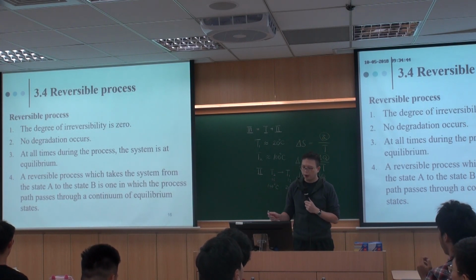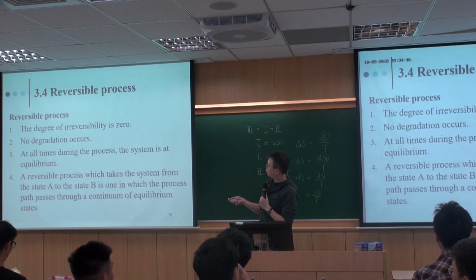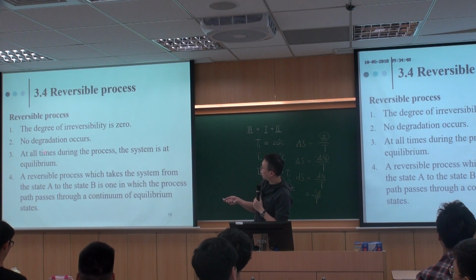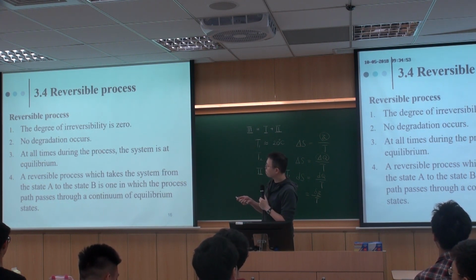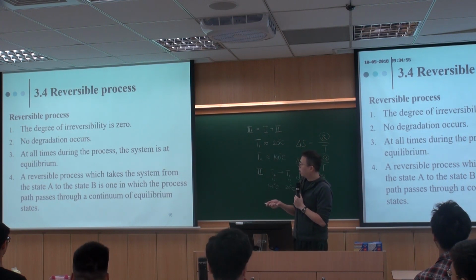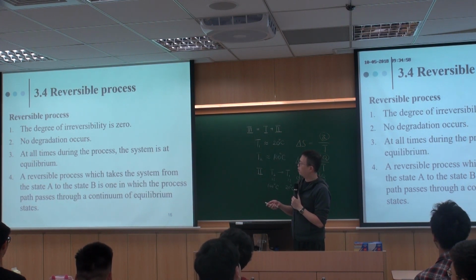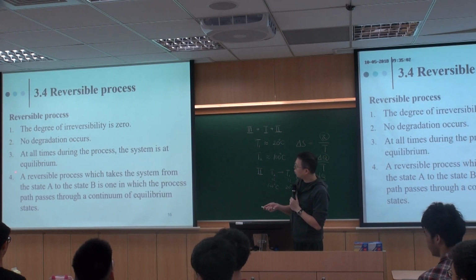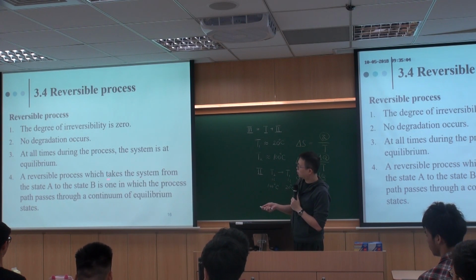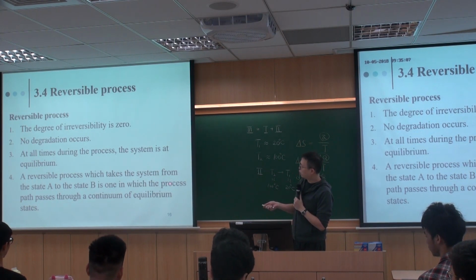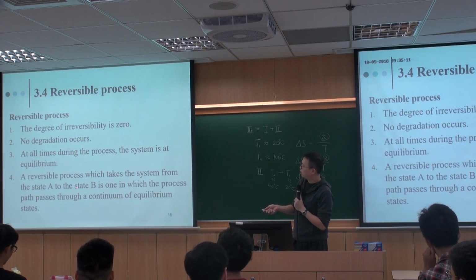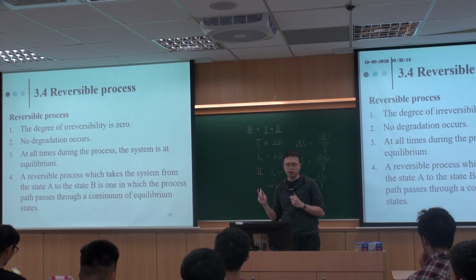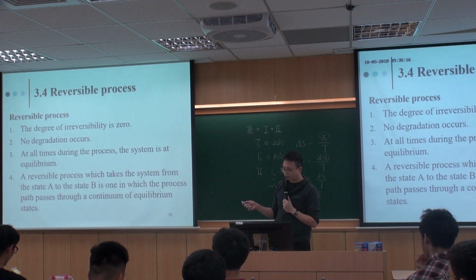Therefore, a reversible process means that at all times during the process, it is always in equilibrium. Then it means that we have to take a very, very long time to finish the process. And a reversible process takes a system from state A to state B in which the process path passes through a continuum of equilibrium states, which is the same statement as in point number 3.